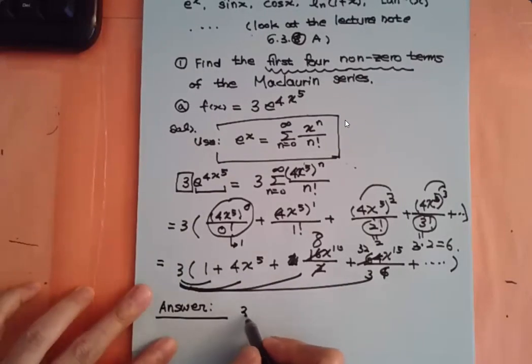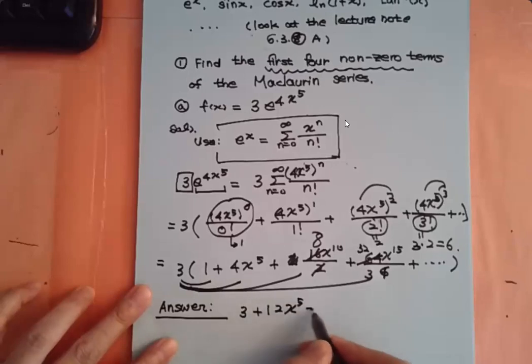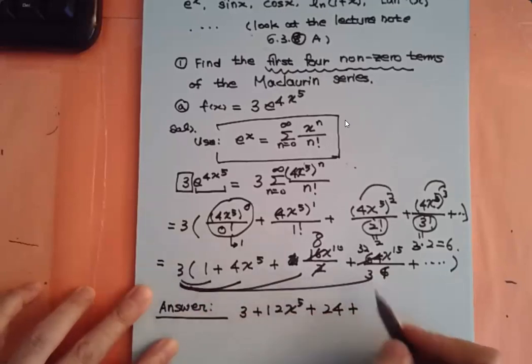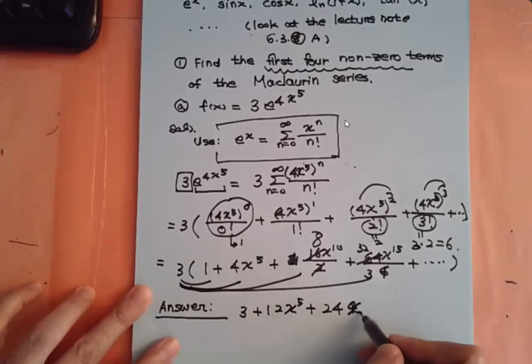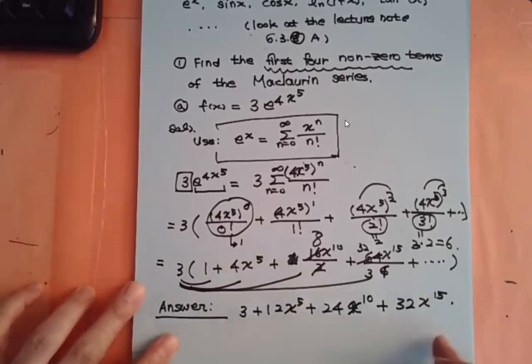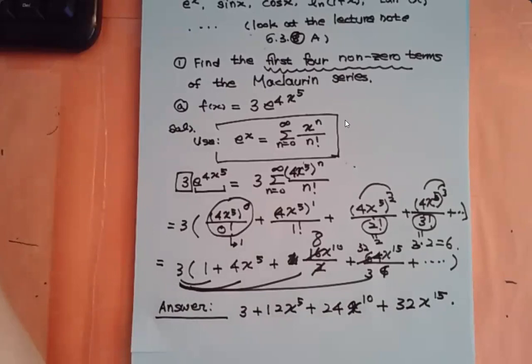So this is 3 plus 4 times 3 is 12, x to the 5th power plus 8 times 3 is 24, plus this one will cancel each other. So x to the 10th power plus 32 x to the 15th power, right? 1, 2, 3, 4. Any question?